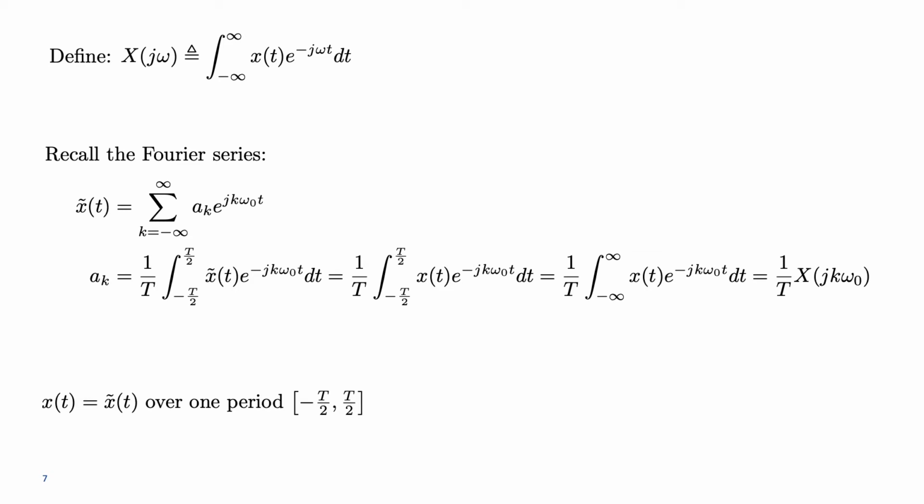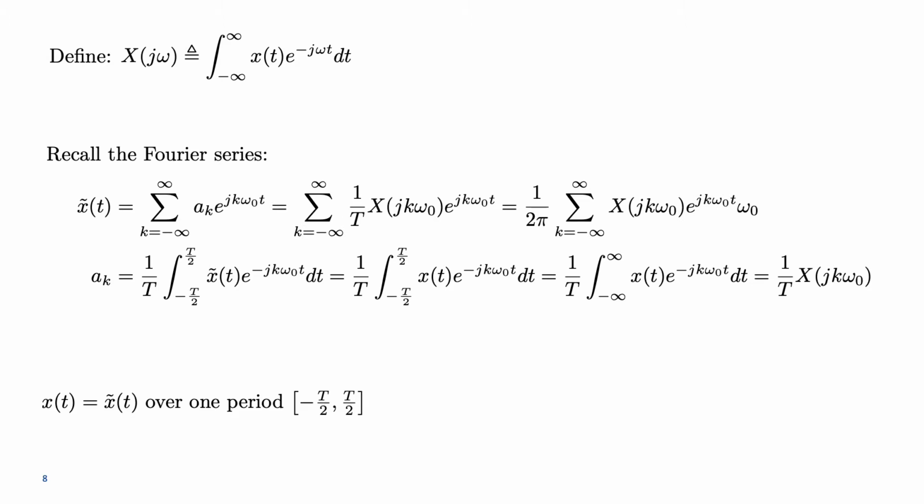We can rewrite it as 1 over t times capital X of jk omega 0. Right? Great. Now let's go one step further and everything will make sense. Because we have an expression for ak, which is the bottom row, we can substitute it back above in the expression for x tilde.